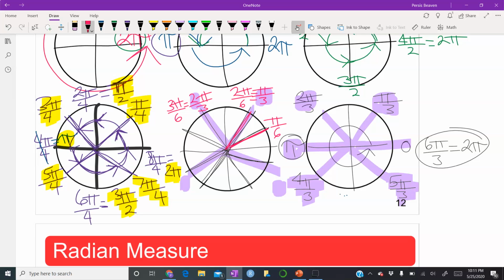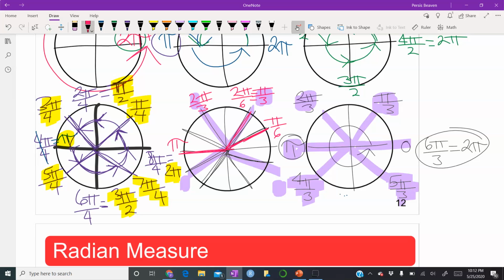Then the one that we have here will be 3 pi over 3, which is equal to pi. I'm sorry, I said that wrong. But we were talking about pi over 6. And yes, actually, I'm going to go back a little bit.